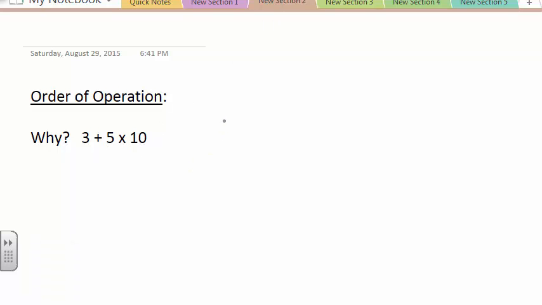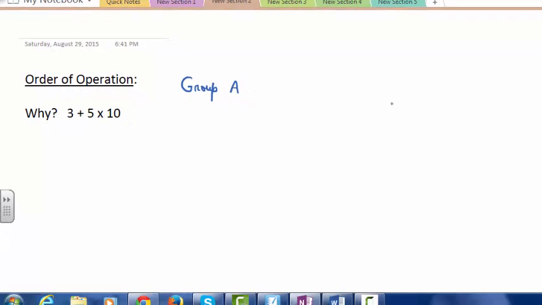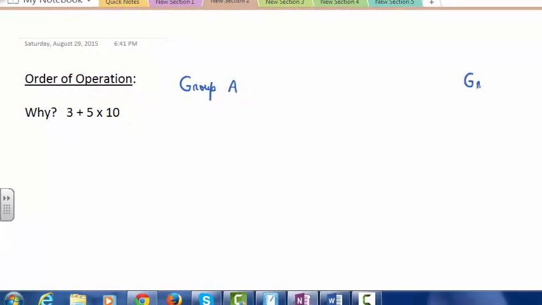Let's say there are two groups of people. I'm going to say group A and here group B. Let's see group A, how these people see this example. 3 plus 5 times 10.